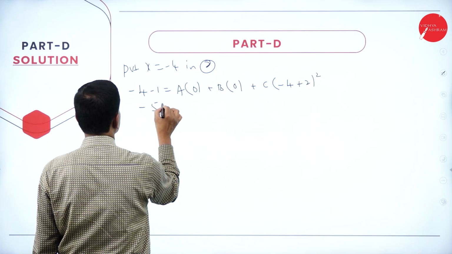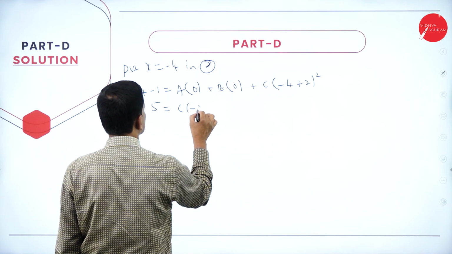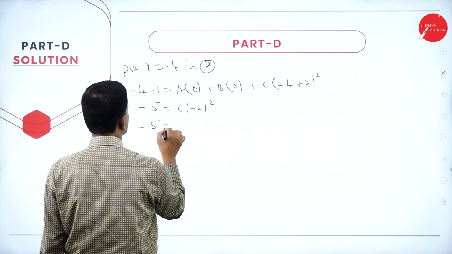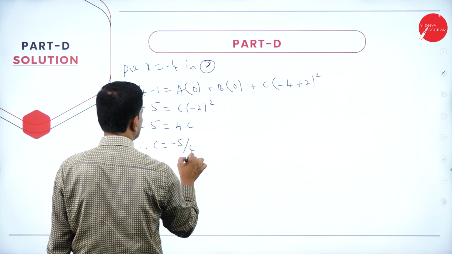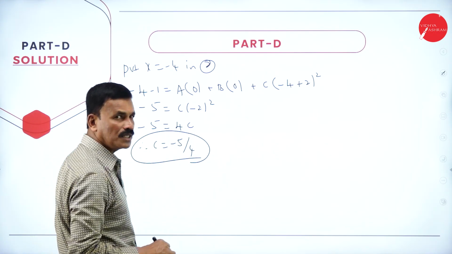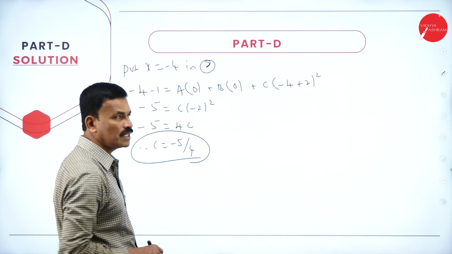So this is minus 5 is equal to C into minus 4 plus 2, which is minus 2 whole square. Minus 2 whole square is equal to 4. So therefore C is equal to minus 5 by 4. Okay. So B is equal to minus 3 by 2, C is equal to minus 5 by 4.